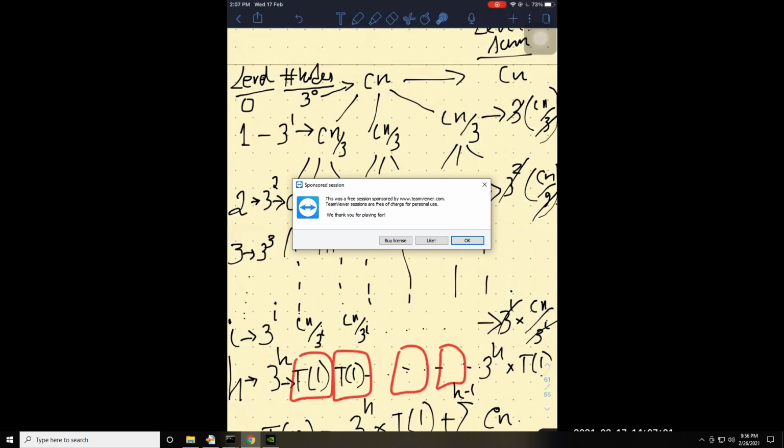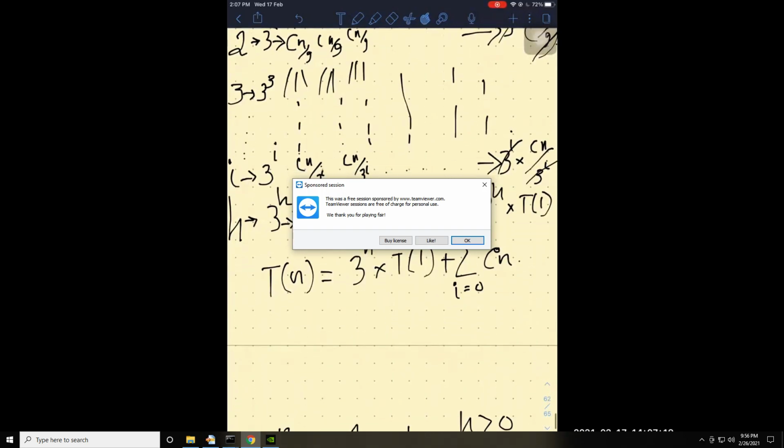So for this term, the general term of this tree, it will only work up to h minus 1, the level above that. For the h level, we can say that. Thank you. Yeah, so that way we get h minus 1 here. Good question. Any other confusion, guys?